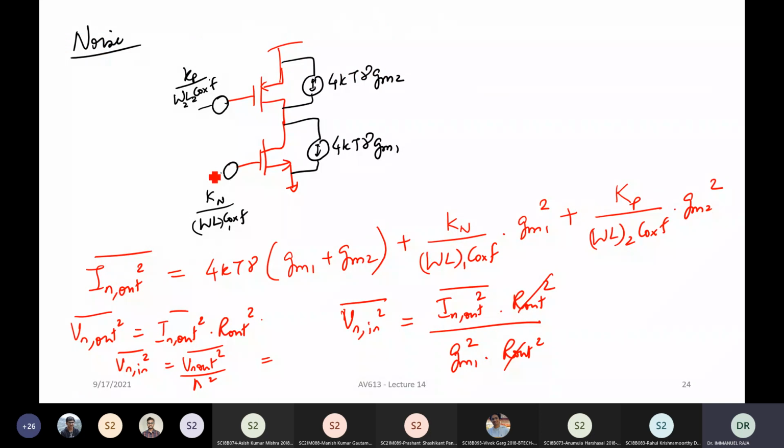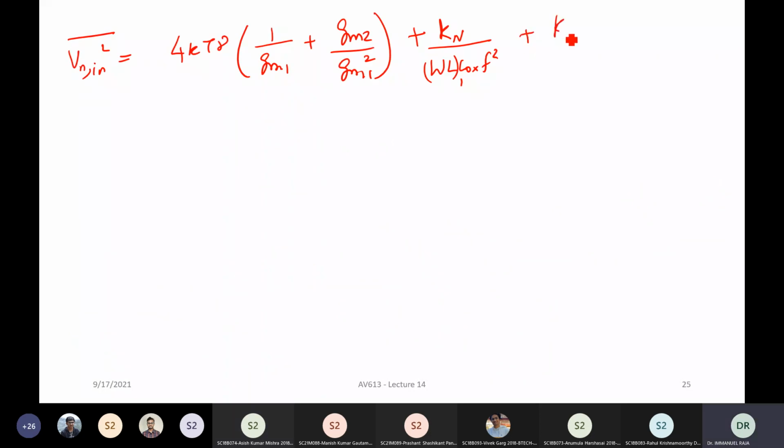That also makes sense because already it is at the input, right? Now what happens to the PMOS term? It is multiplied by Kp divided by W L2 Cox F, times GM2 squared divided by GM1 squared, right? Now this is your total input referred noise.